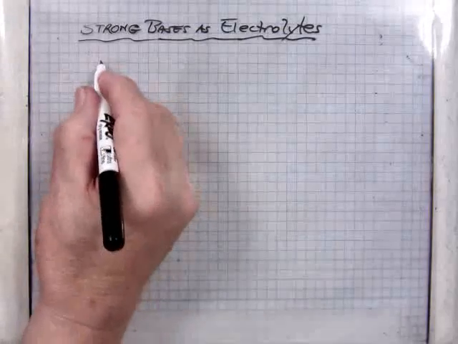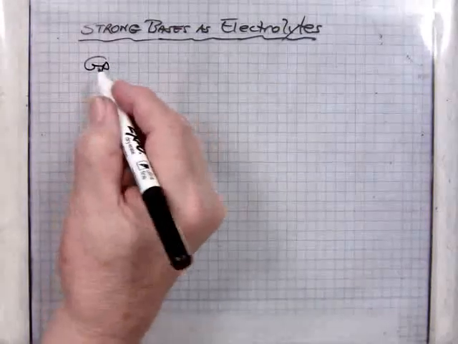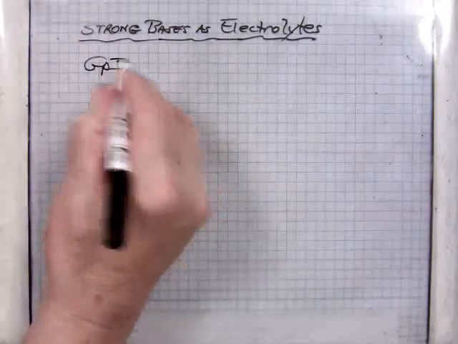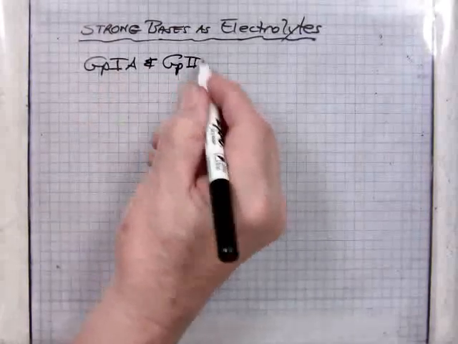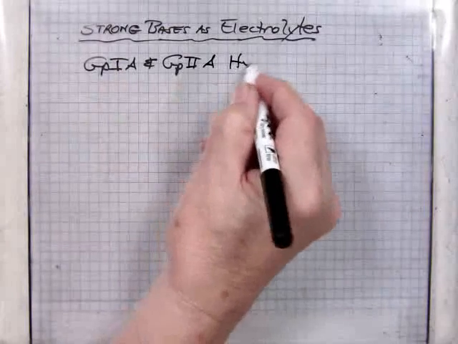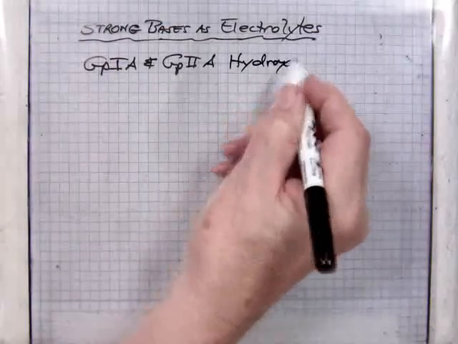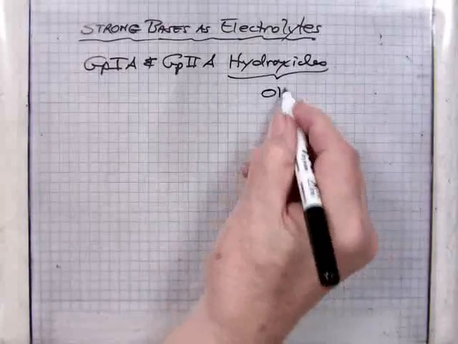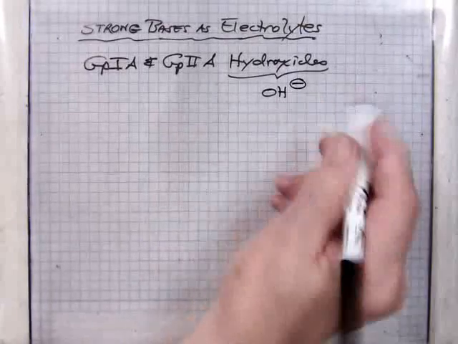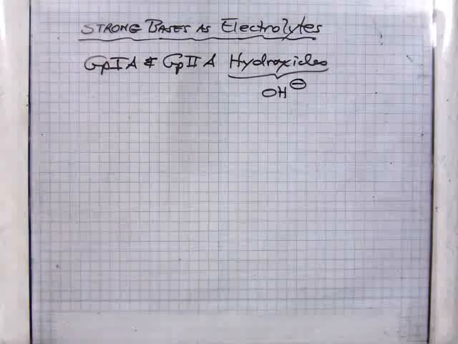These represent periodic table group 1A and group 2A hydroxides. The base ion, of course, is the hydroxide ion, which is negatively charged.